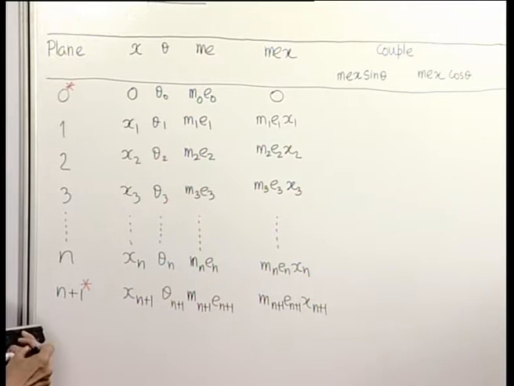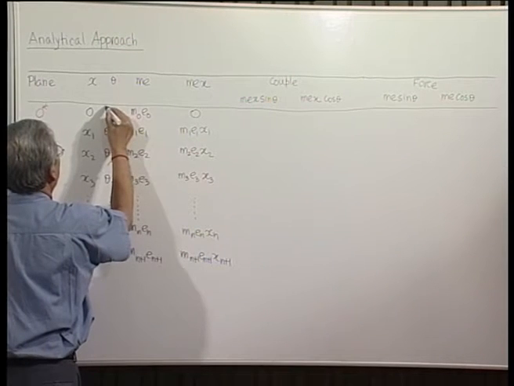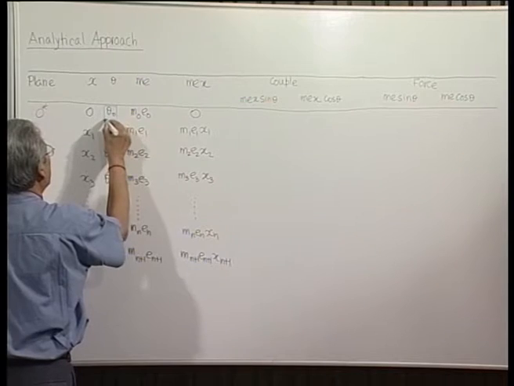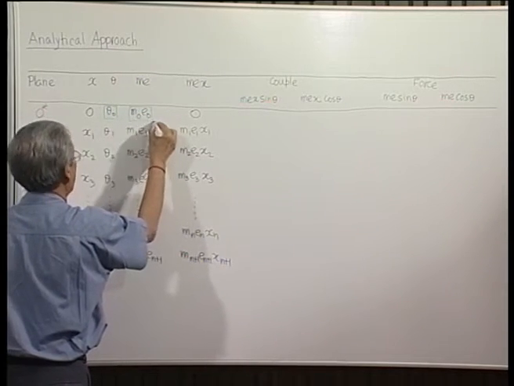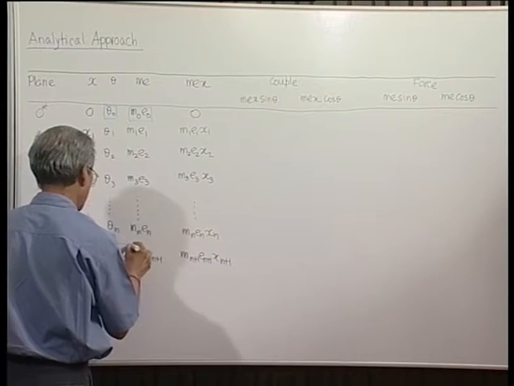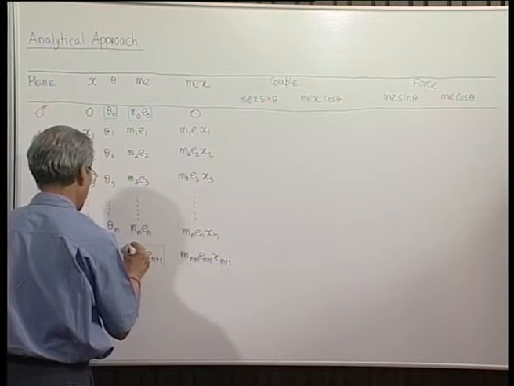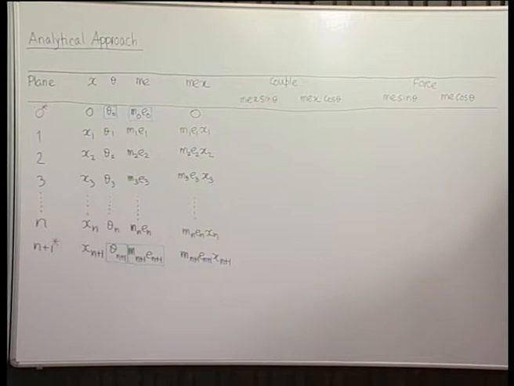So, therefore, the unknown quantities are what I will mark. This is the unknown quantity, this is the unknown quantity, this is the unknown quantity, and this is the unknown quantity. These 4 quantities are to be determined.